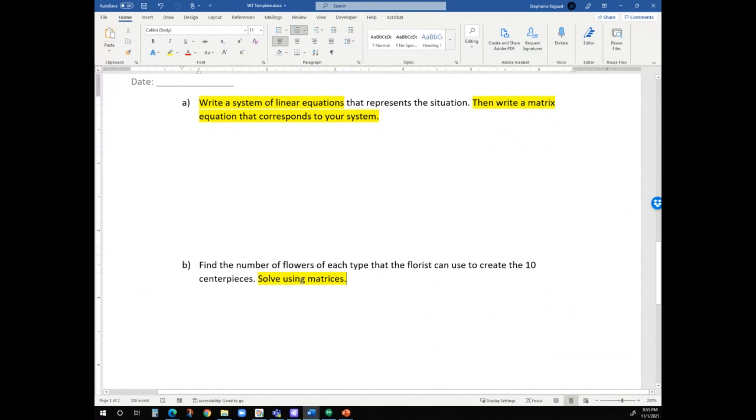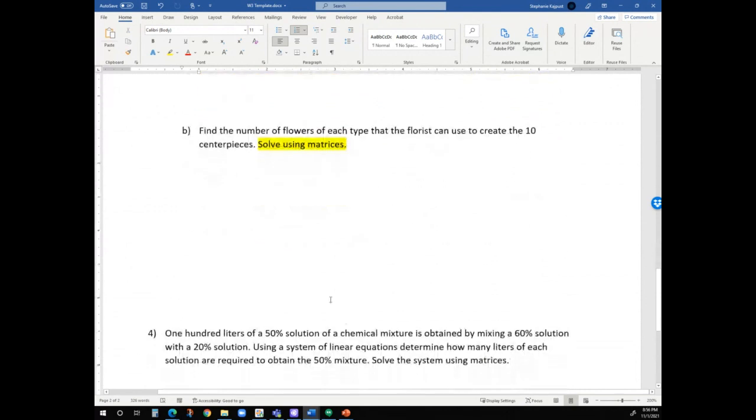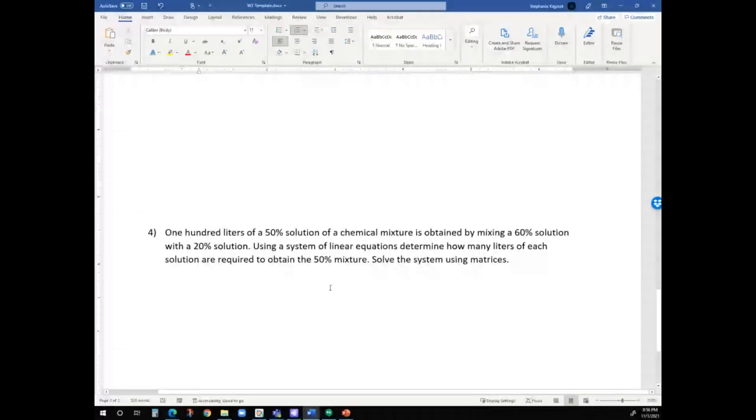But this is one of the places where you can use technology, because this is going to be a 3 by 3. It's going to be very lengthy. So you can give me your original matrix. And then if you use row reduced echelon form, you're going to indicate that and then give me the answer. Or if you solve using inverses, you need to tell me what your inverse matrix is and then show the work there. So those are the options there.